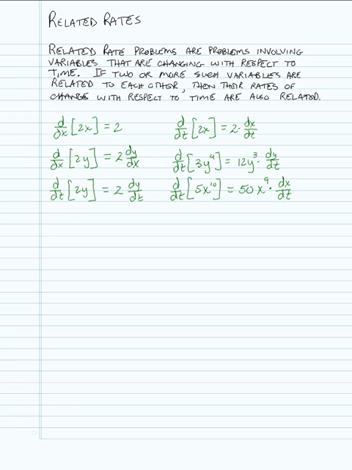So what we're going to need to recognize is when a variable, like an x or a y or whatever variable we have, depends on time. And that's really what we're going to be dealing with here. Depends on time.